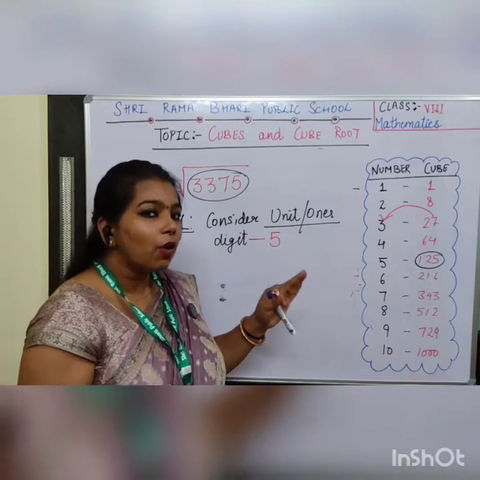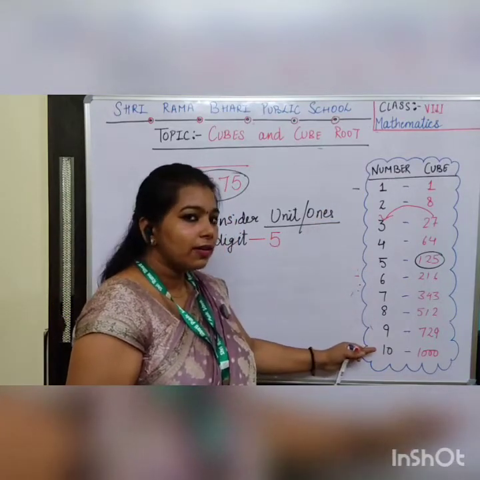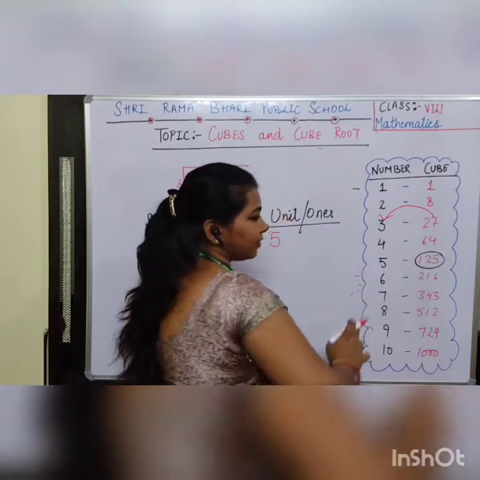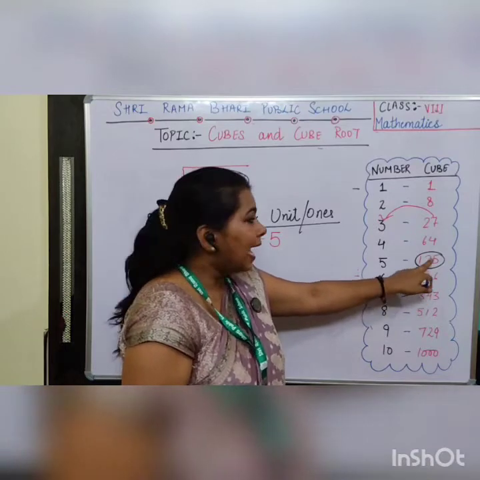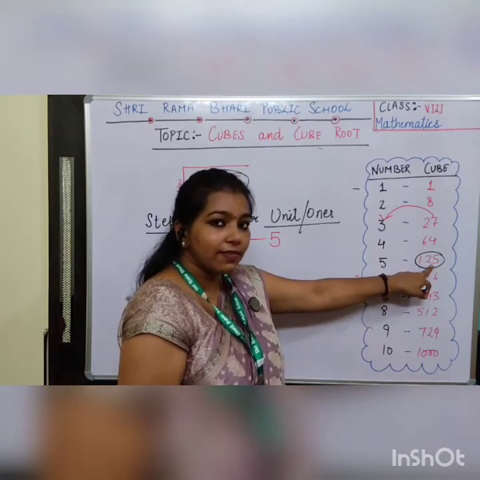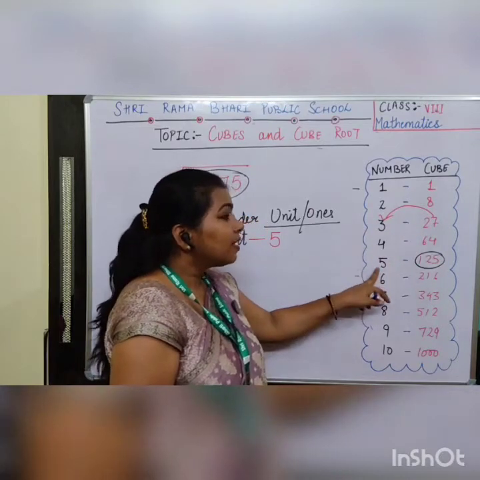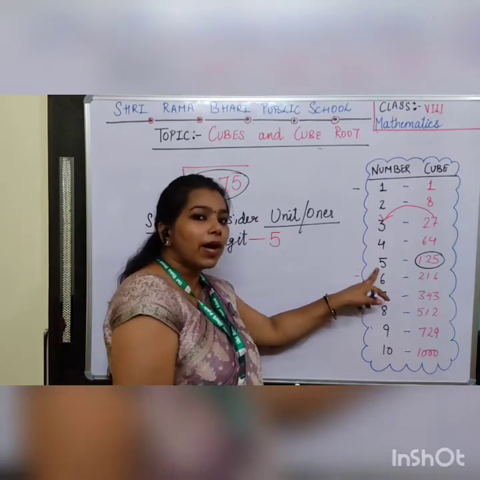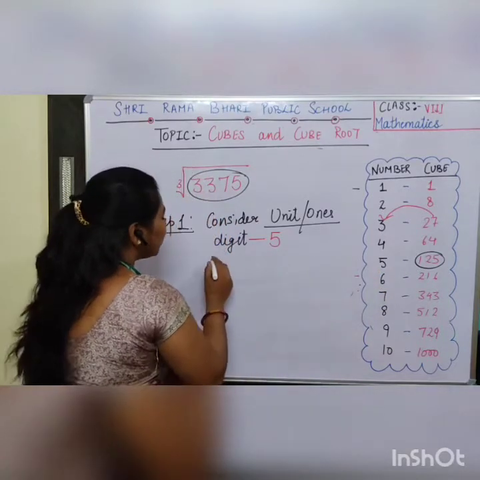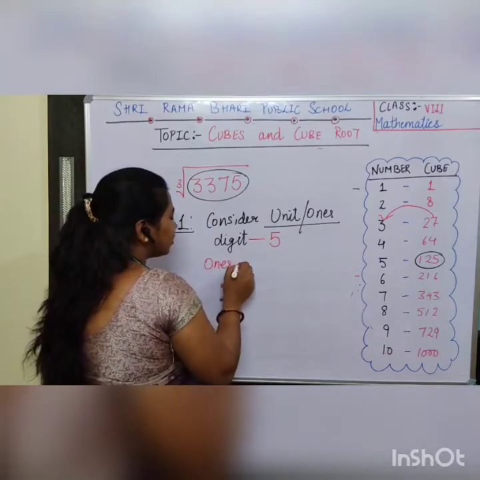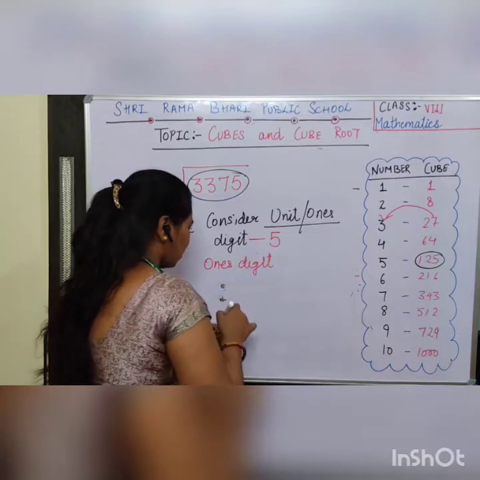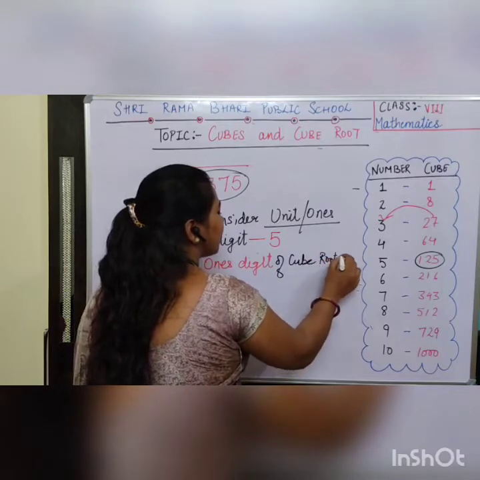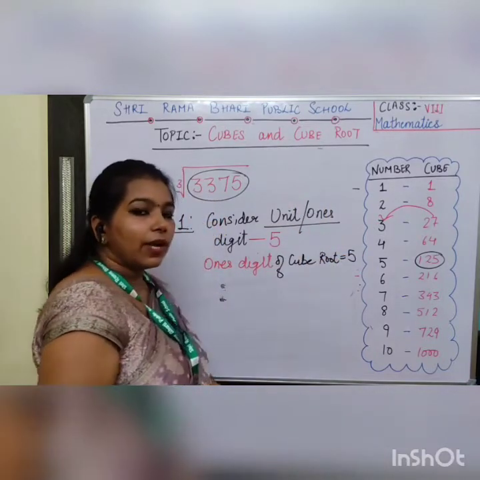Now we recall the cubes: 125 is a cube number and its unit digit is 5. So its cube root will have 5 in the ones place. So the ones digit of the cube root will be 5.